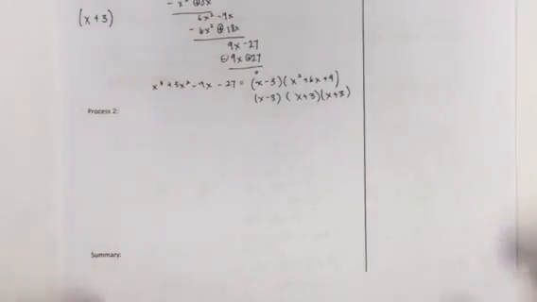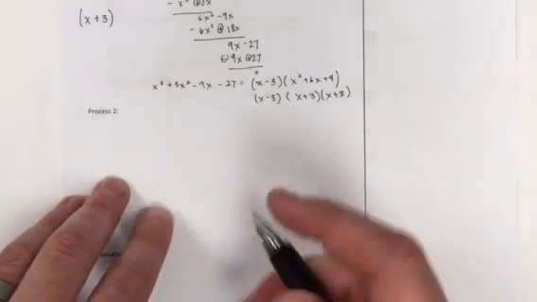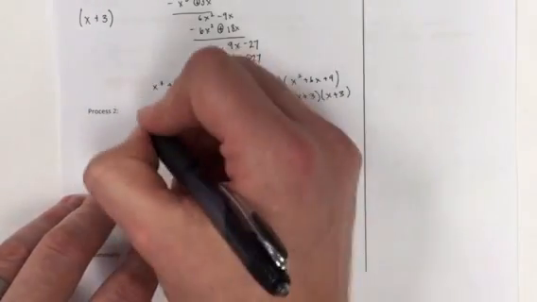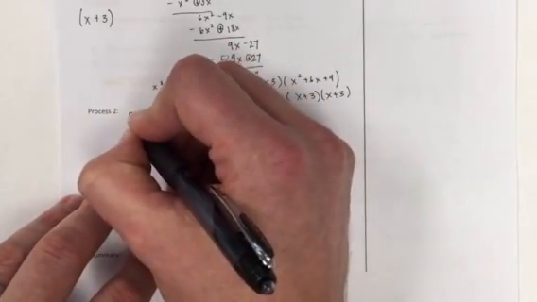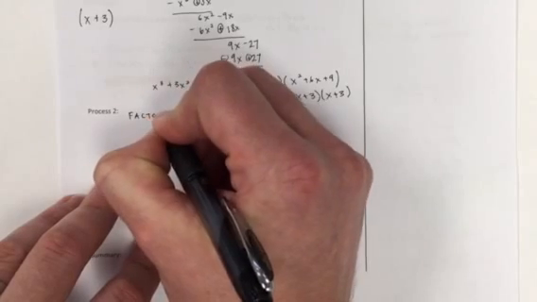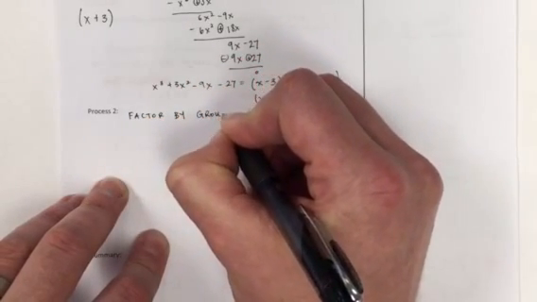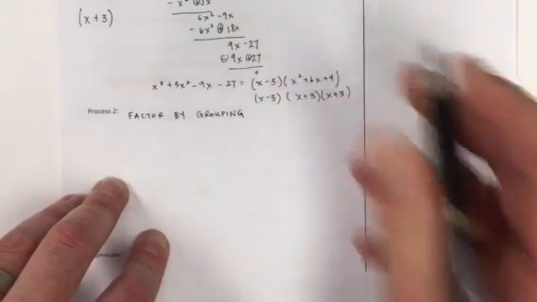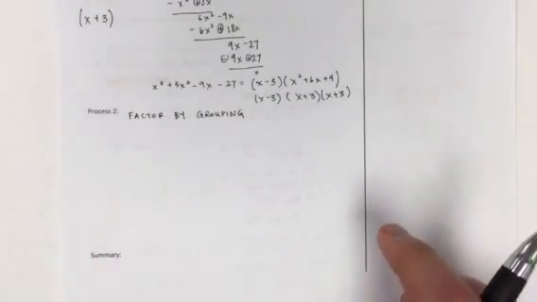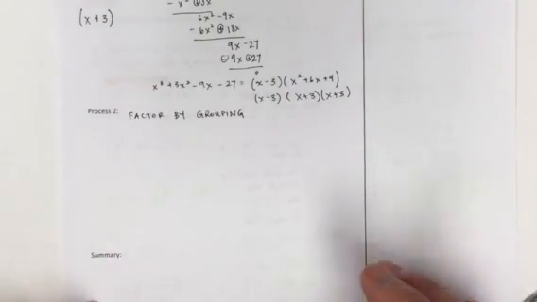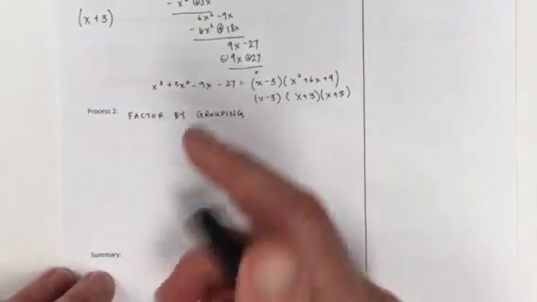It's very helpful. It relies on the greatest common factor and understanding how to factor in general, but this is called factor by grouping. You take a moment and pause whenever you're looking at your expressions.